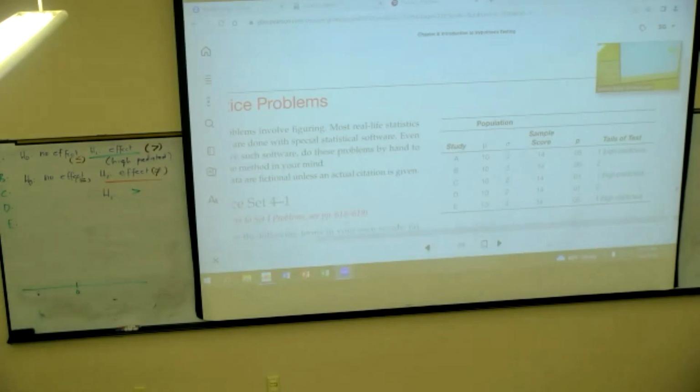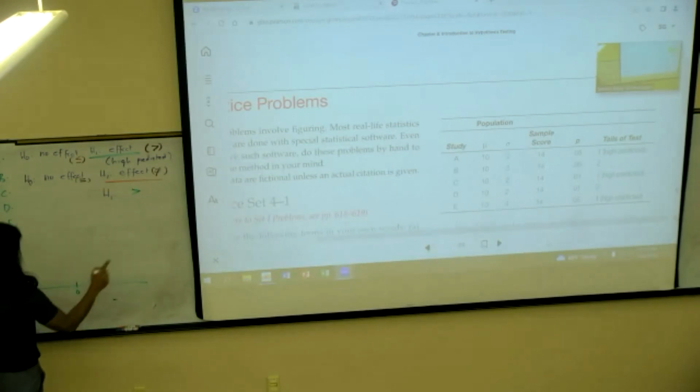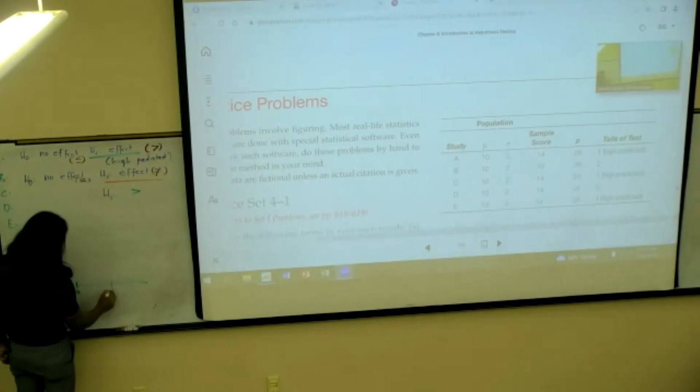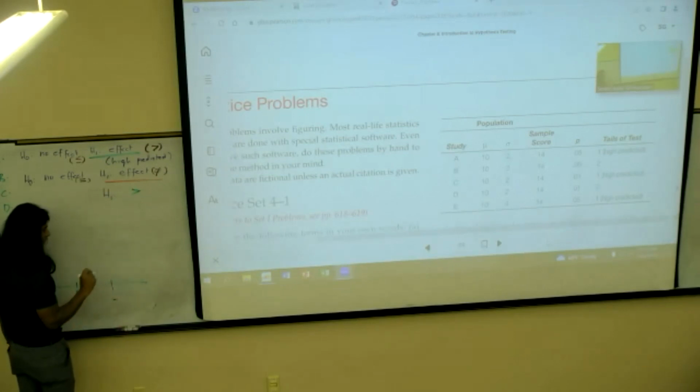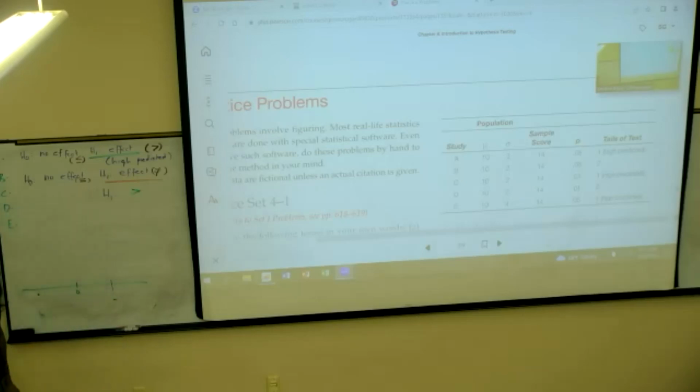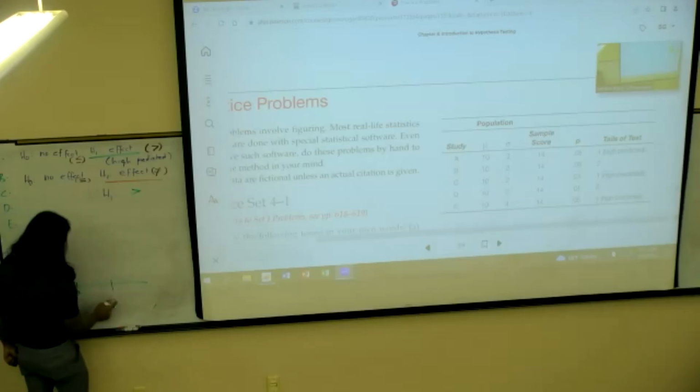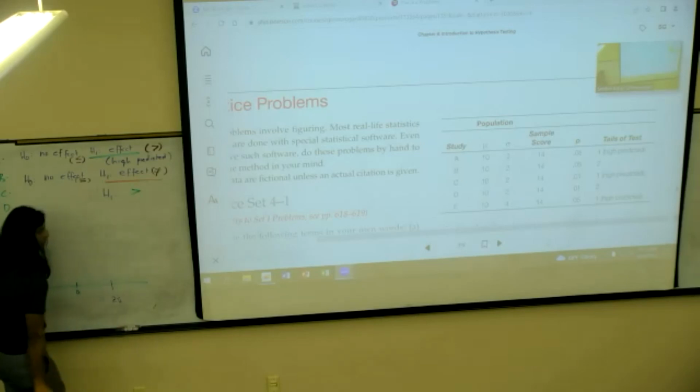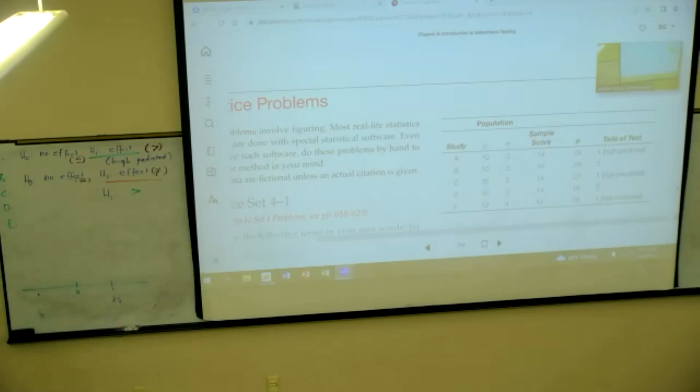If you refer back to the table for a unidirectional test, when alpha is 0.01, the exact value is 2.32. I approximated it as 2.4. When you do this, make sure that you use the exact values.